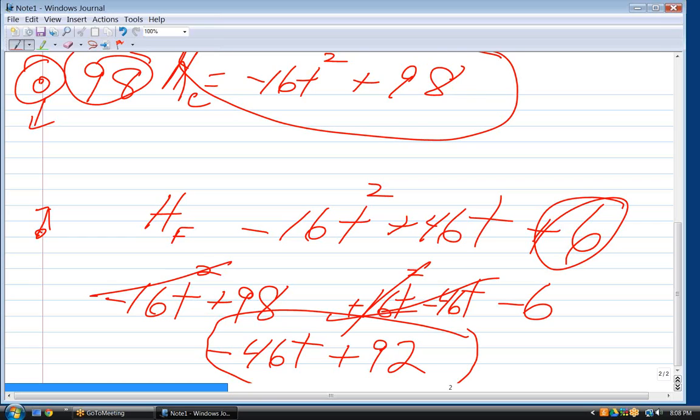When t is 1, it's still going to be 46 feet difference because the ball on the bottom hasn't reached the ball falling yet. But notice that when t is 2, the difference between them is 0. So at t equal 2 seconds, the balls hit.